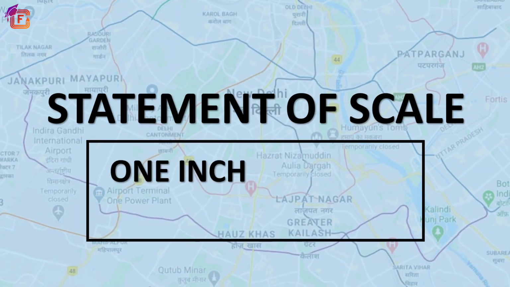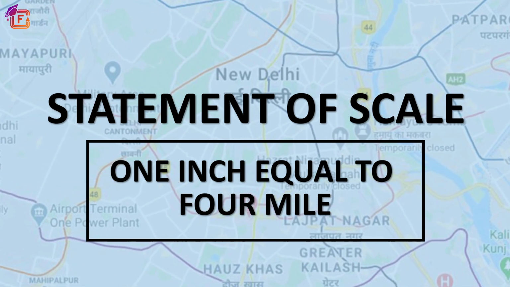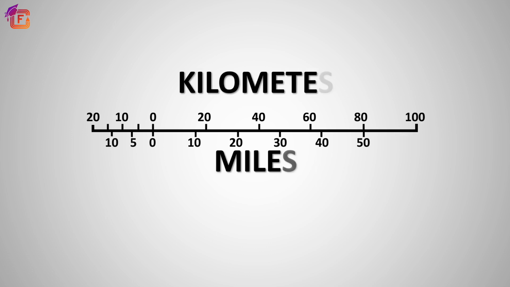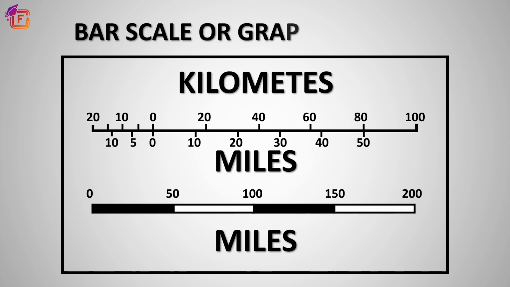In the context of a written statement, the size of a map can be indicated in a statement of scale. Using a line bar with primary and secondary divisions marked on it, it illustrates map distances and the corresponding ground distances. This is referred to as the bar scale or graphical scale.